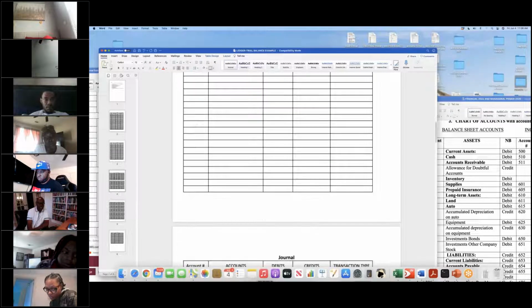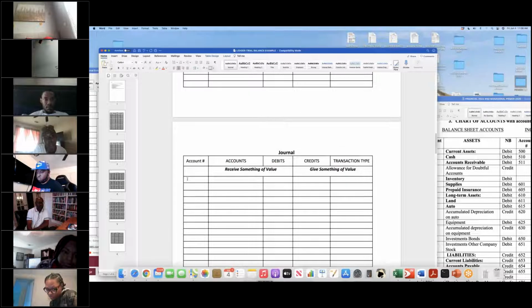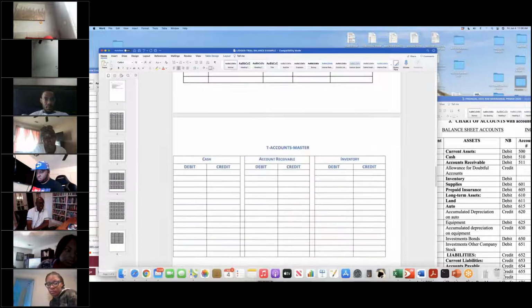So when we post an entry, if it's on the debit side in the journal entry, it comes into that chart of accounts on the debit side. So in transaction 1, we're going to start with cash, and we're going to put that 10,000 debit in there. And we're going to do something else. We're going to put in parentheses 1, which tells us that this came from journal entry 1.